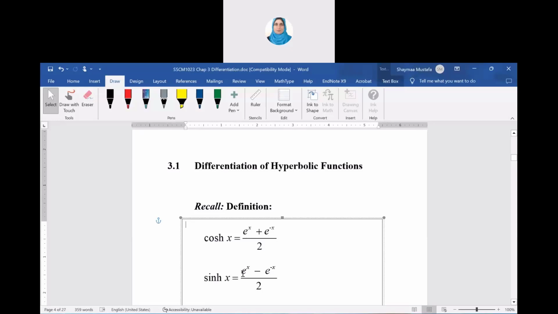Sinh x, or sine hyperbolic x, is defined by e^x minus e^(-x) over 2. This is the main definition for cosh and sinh. So I will use this definition to find the derivative for cosh and sinh.